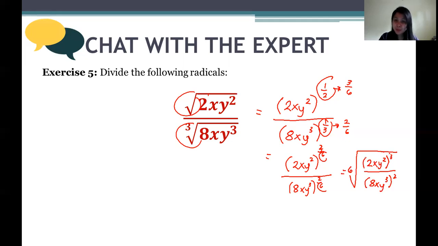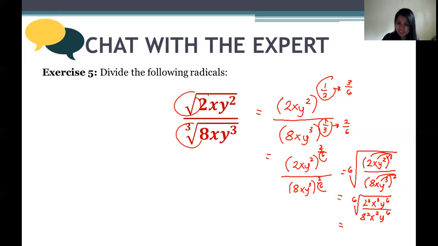So the power of a power, we need to distribute this. We now have 2 cubed, x cubed, and y to the power of 6. For the denominator, we have 8 squared, distribute 1 times 2, x squared, and y to the power of 6. Let us now simplify. Ready?